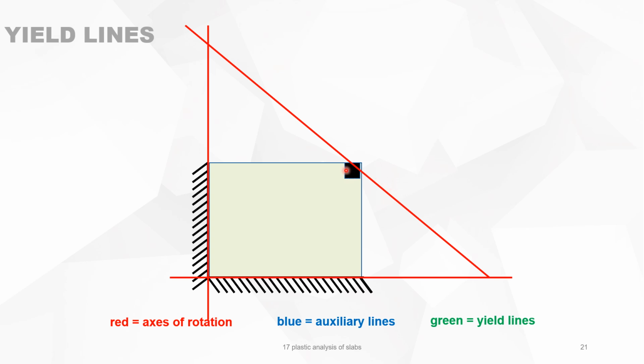In this case, because of symmetry, we can easily make the assumption that this is 45 degrees. Later on, we will see how we can calculate this angle by means of optimization. This is now, we take it from symmetry, this is 45 degrees. We take the auxiliary lines and take the bisector. And now we can draw the yield lines.